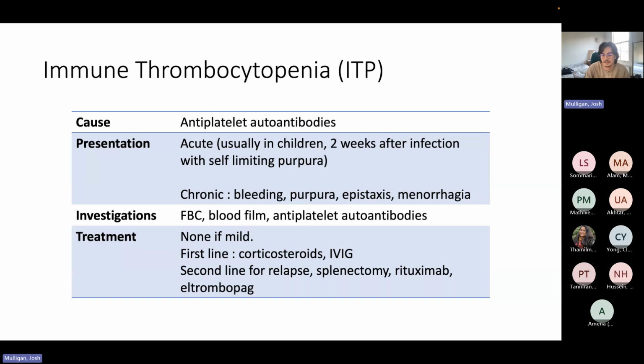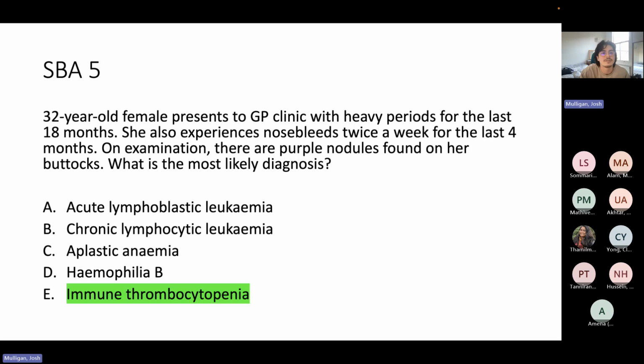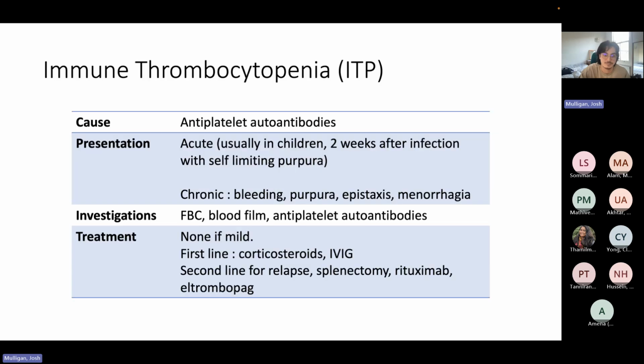So that's another key indicator. This woman didn't have any infection, but that's another thing to look out for. It can happen after some kind of upper respiratory tract infection, things like this. And you're looking at bleeding from the gums when they're flossing, or nosebleeds, epistaxis.